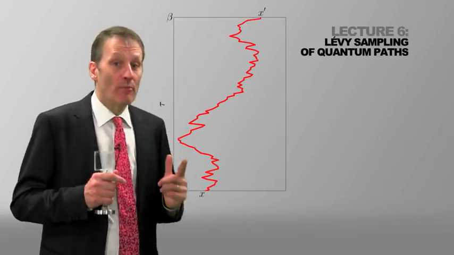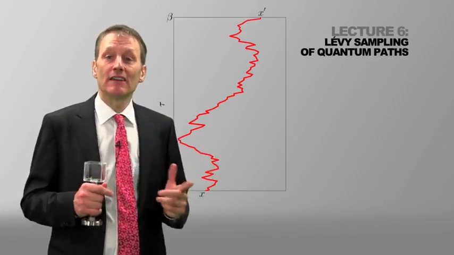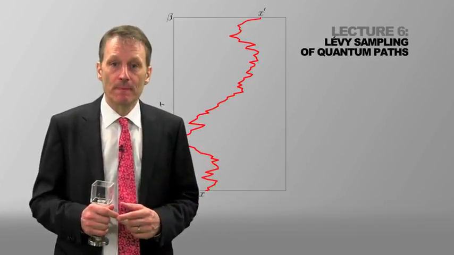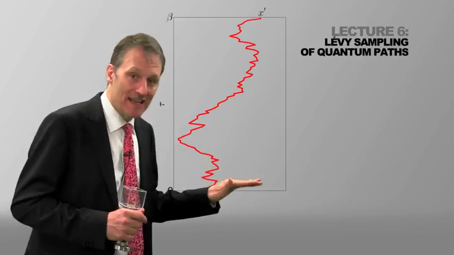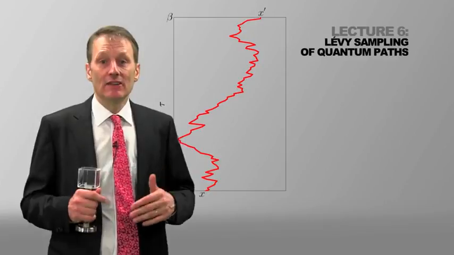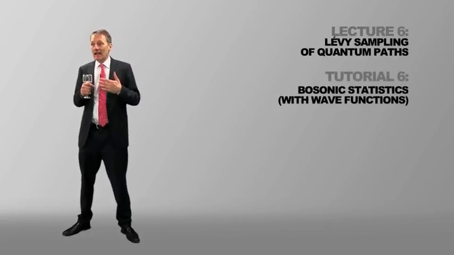To discuss Bose-Einstein condensation, we will again mostly use the path integral language. But to understand why this is a condensation, we need to consider wave functions and energy levels.